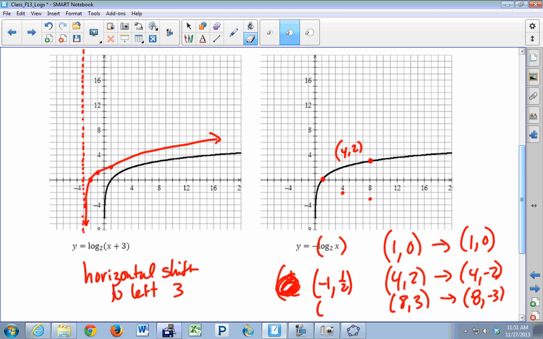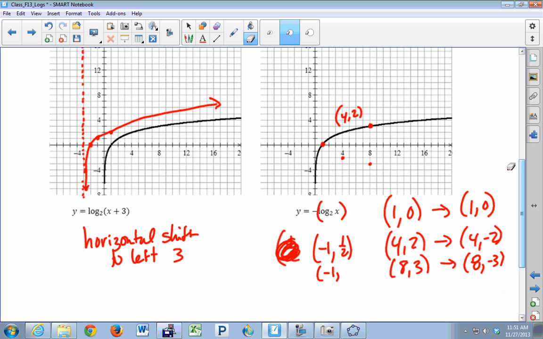So what are we now when we're -1? Am I doing this right? Can I have a -1 for my log as an input? No. So what's the number that goes in there? Folks, look, here's your x. Here's your log base 2 of x, and just change the sign.